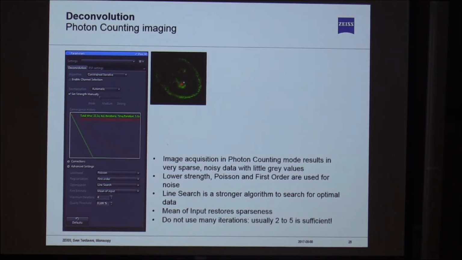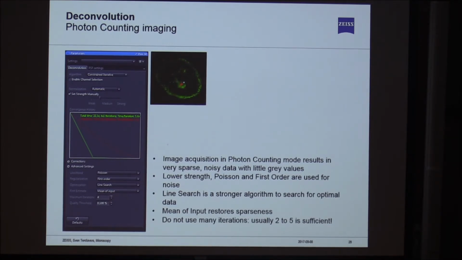Photon counting mode typically is very, very noisy because you have very little signal. And also there, the deconvolution software can definitely help in improving the signal a lot. As you can see here on this image, here is the inset of the deconvolution versus the very noisy photon counting image.